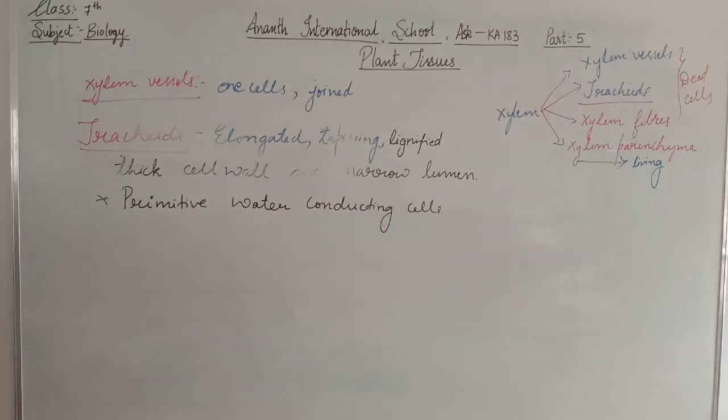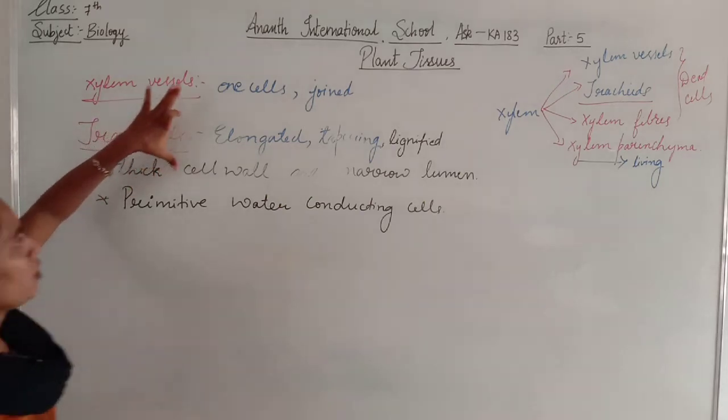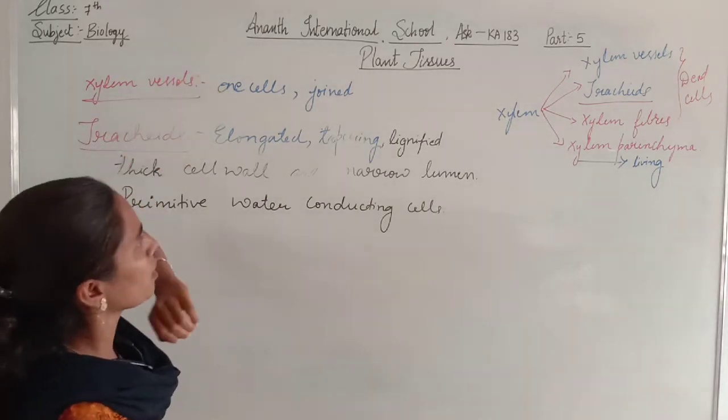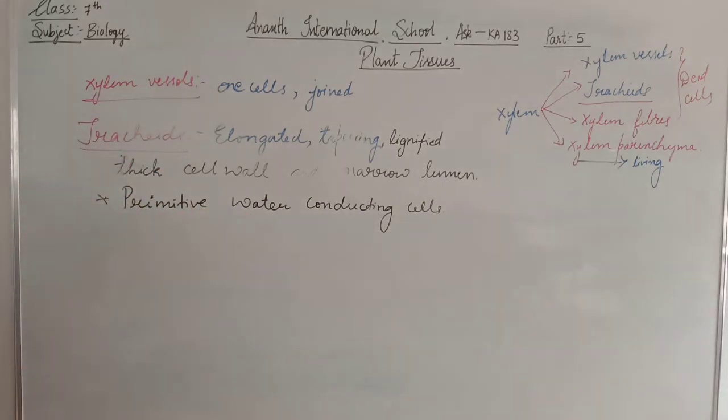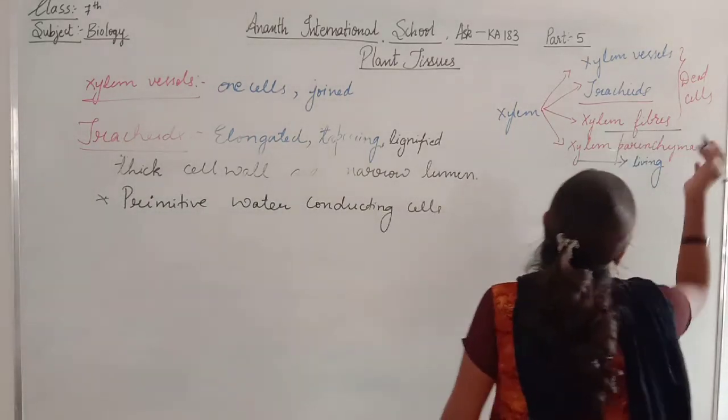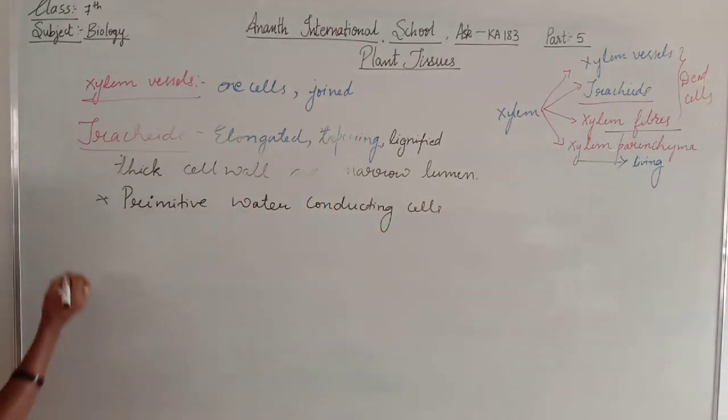Then the tracheids and the xylem vessels together are called tracheary elements, where both join together and the function, nothing but water conduction or water transport, takes place in the xylem tissue. Now we shall move on to the next type of cell, that is fibers.